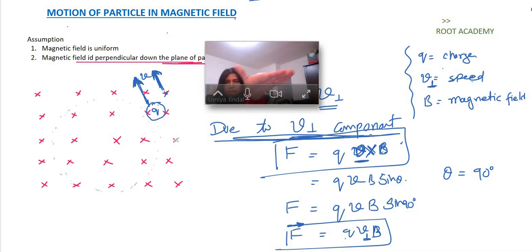Suppose the particle is moving in this direction, V is downward, so the thumb will show the direction of force. Here, if I curl, the direction of force I feel is here.